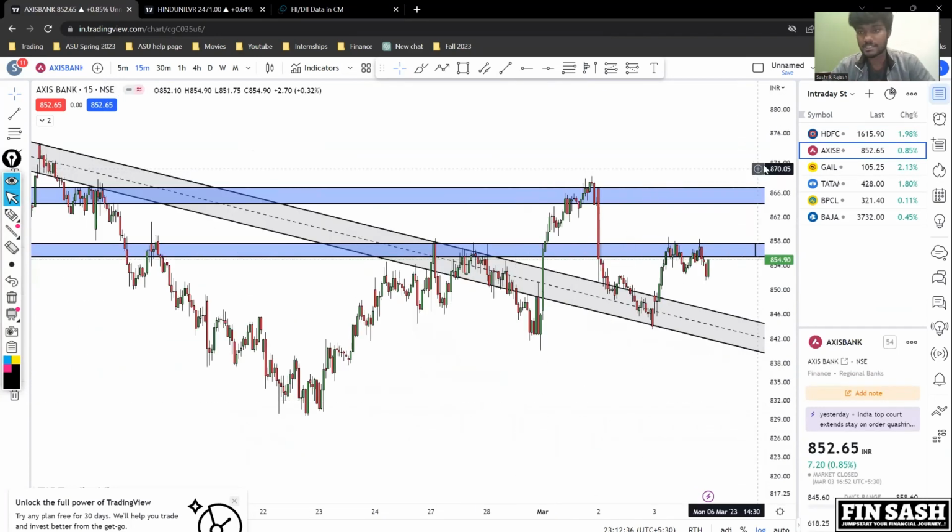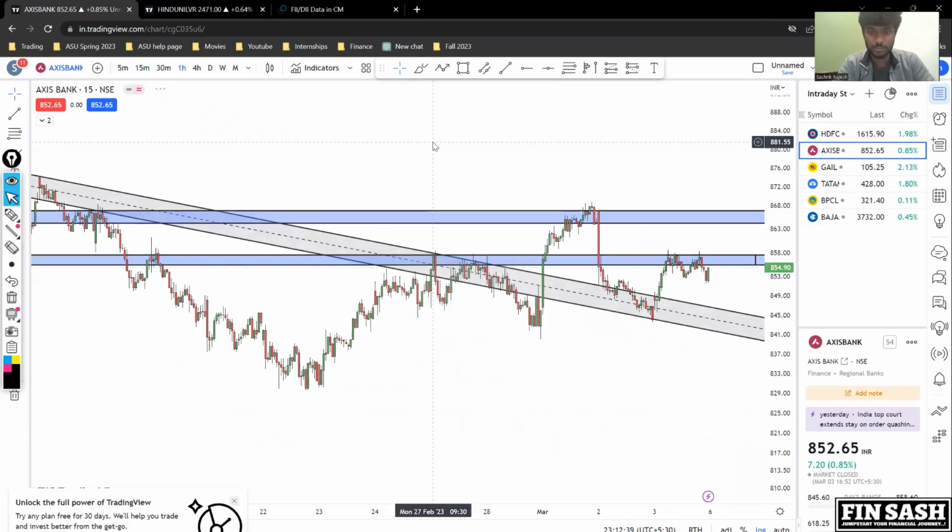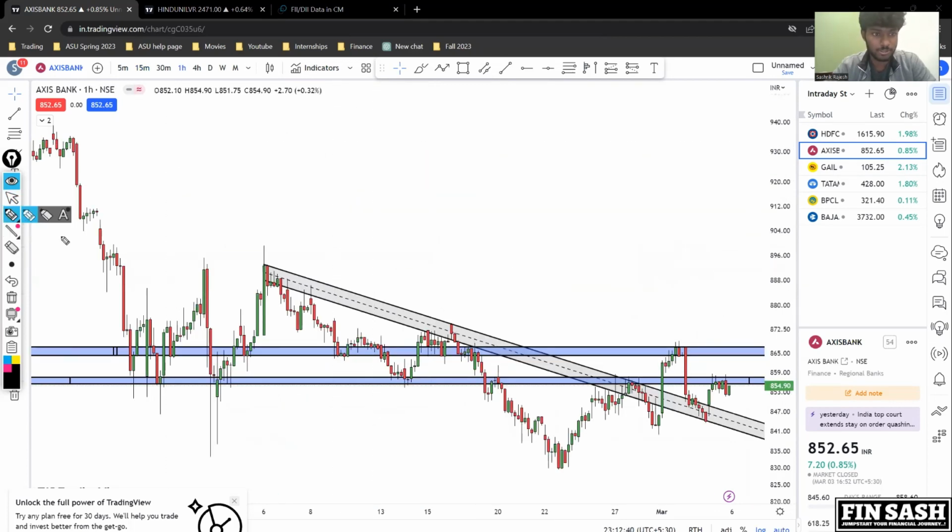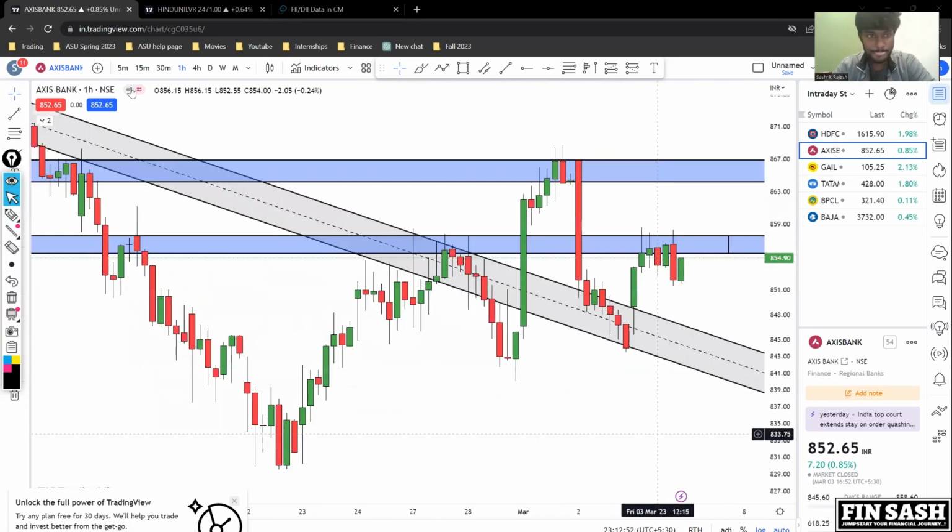All right, so if you see Axis Bank on the higher time frame, if you go to the 1 hour time frame, it's been taking resistance from this zone, gave a breakout, gave a retest, and now it's consolidating in this zone. Again, a perfect bullish setup.